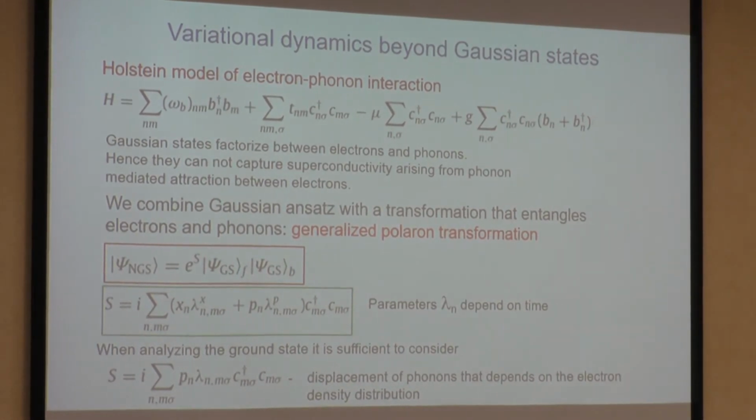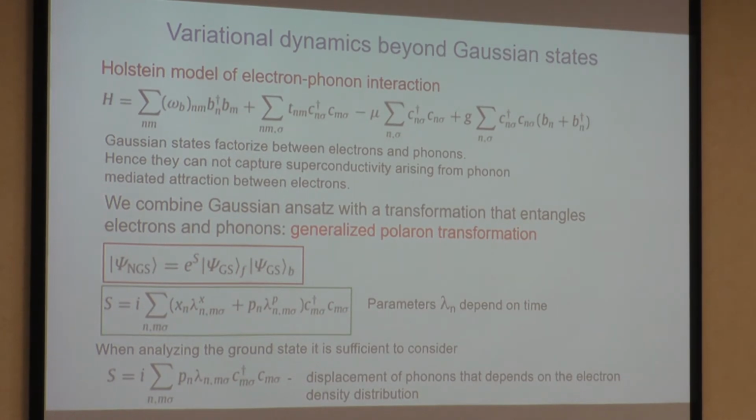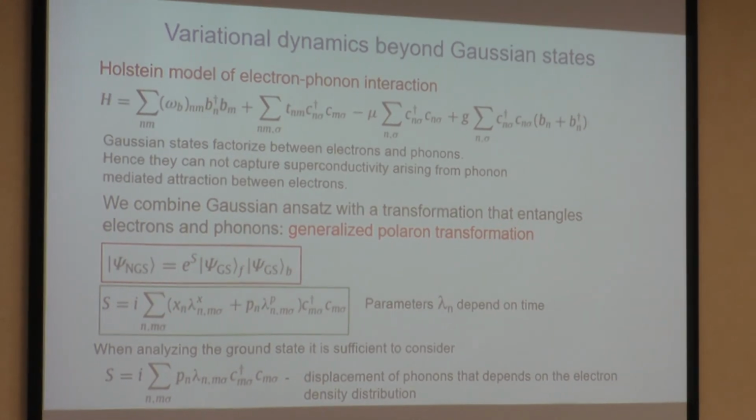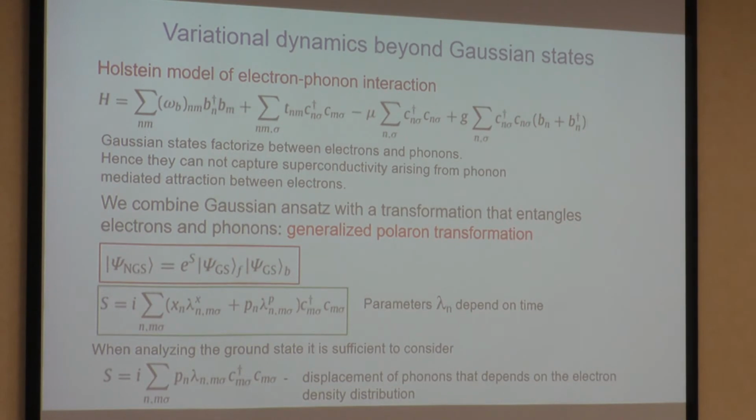And we have a technique of Gaussian wave functions, but just throwing a Gaussian wave function at the Hamiltonian as is wouldn't be so good. We talked about a Gaussian state for bosons and a Gaussian state for fermions. If you make a combined Gaussian, it would be factorizable: a Gaussian state for bosons times a Gaussian state for fermions.